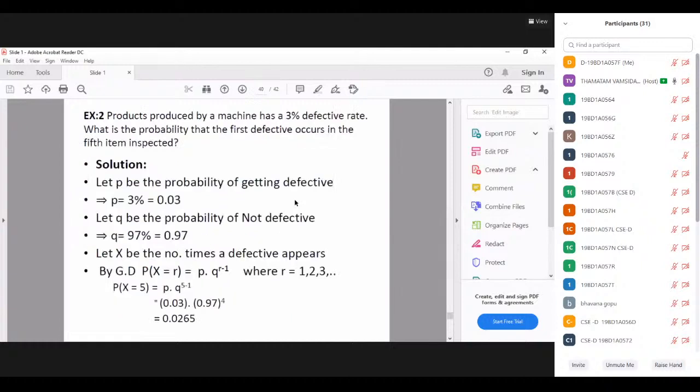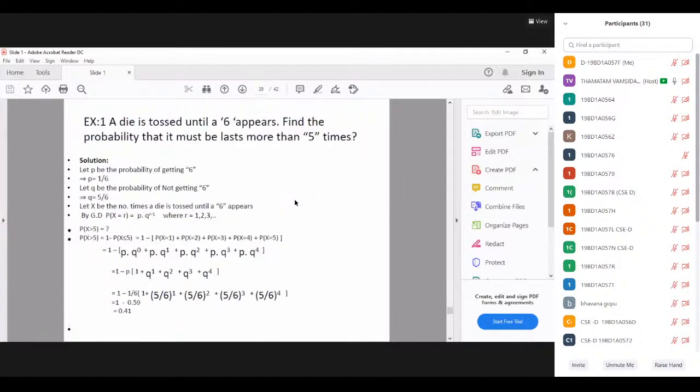I will explain that. Otherwise, I will start the problems on geometric distribution. Now we'll start problems on geometric distribution.